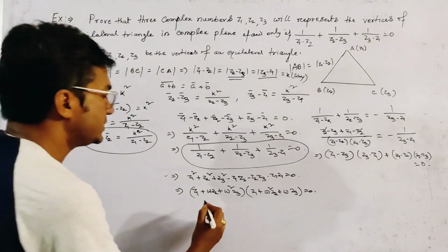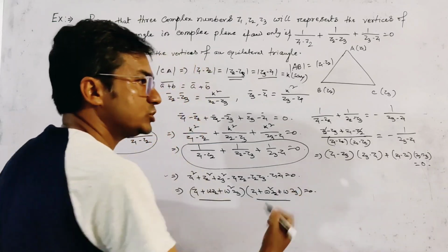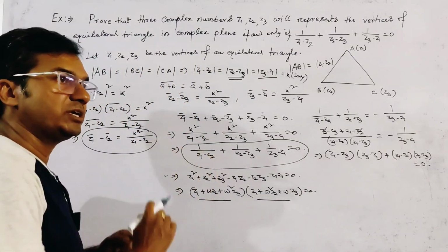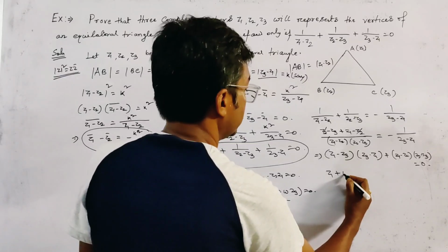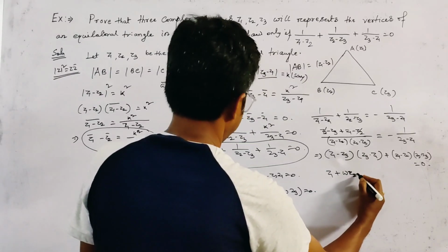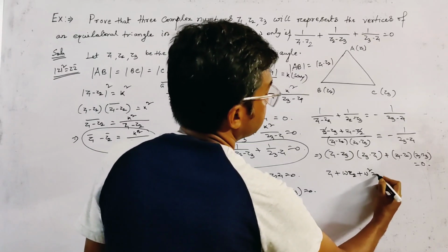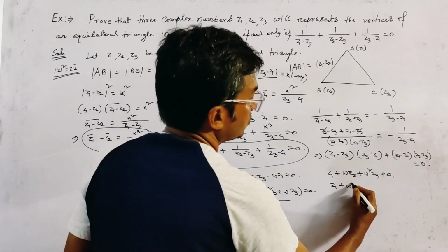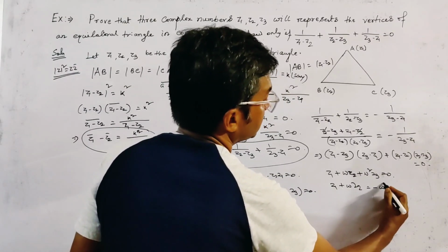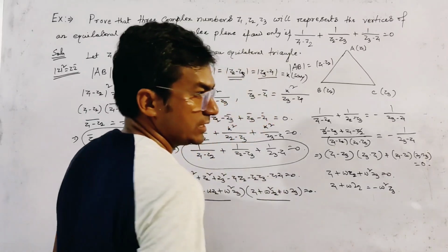Since the product of two terms is equal to 0, one of them must be equal to 0. If Z1 plus omega Z2 plus omega square Z3 is equal to 0, then Z1 plus omega Z2 is equal to minus omega square Z3.